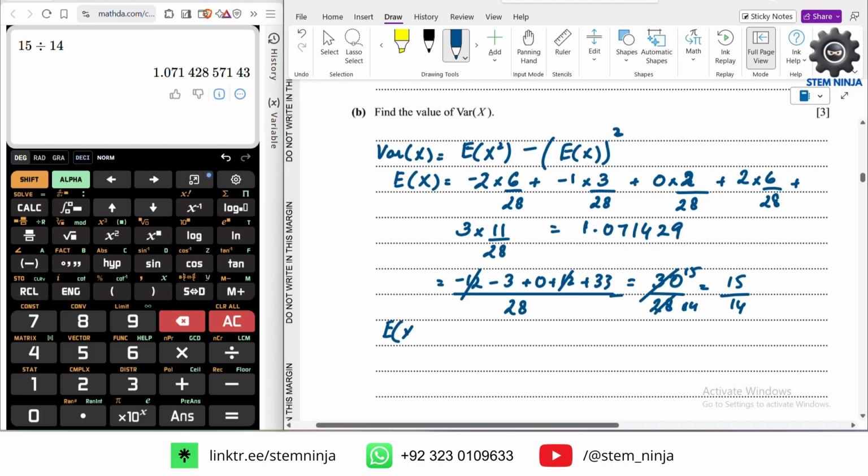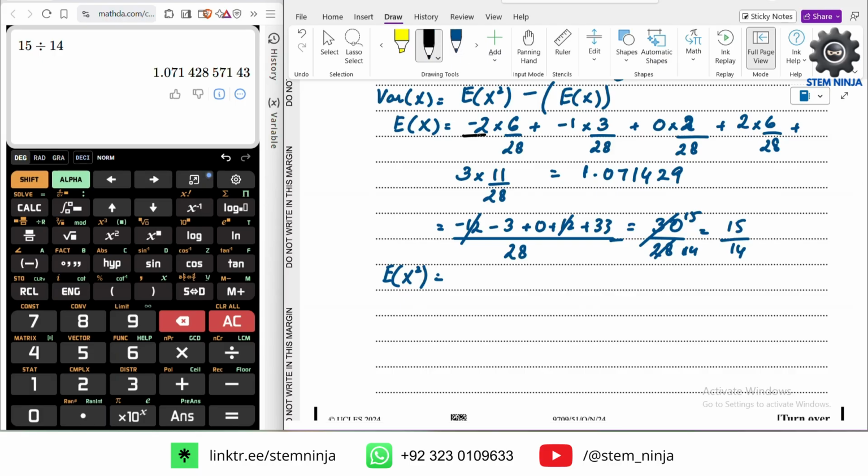Right, now we need E of x squared. So all of these that we wrote, we just need to square them. So that is 4 times 6 over 28, plus 1 times 3 over 28, plus 0 times 2 over 28, plus 4 times 6 over 28, plus 9 times 11 over 28.